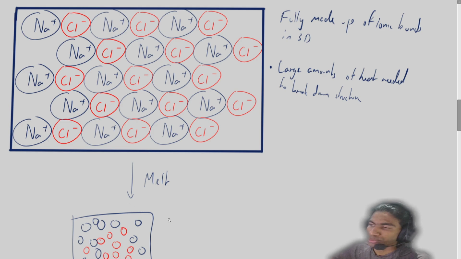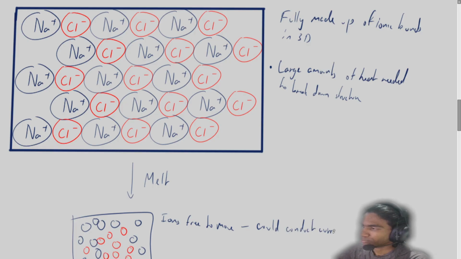Either way, if you melt it, you can see that now the ions are free to flow, or free to move around within the container that they're kept in, at least. So they're not going out of it like a gas would, but they are free to move. And because of this, they could potentially conduct a charge. So they could conduct a current, which means that they could transfer a charge from one area to another. This will become relevant later on, when we're learning more about electrolysis, for example.